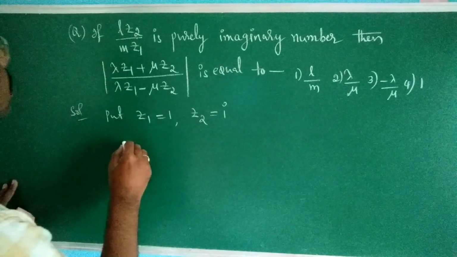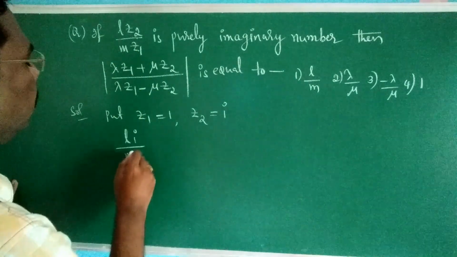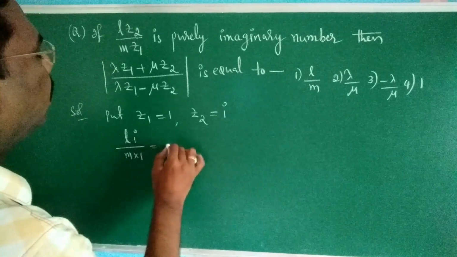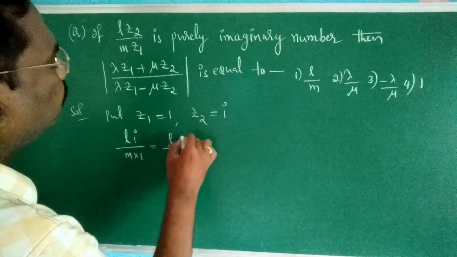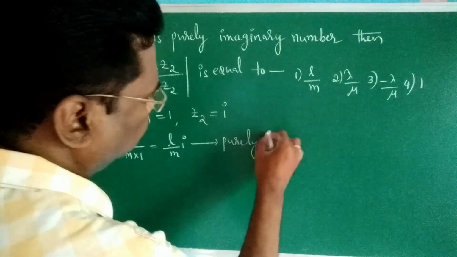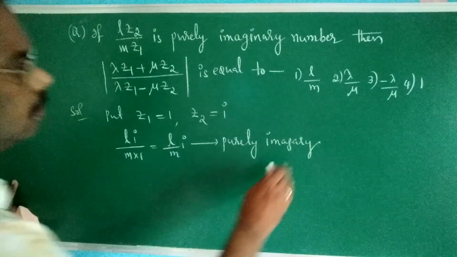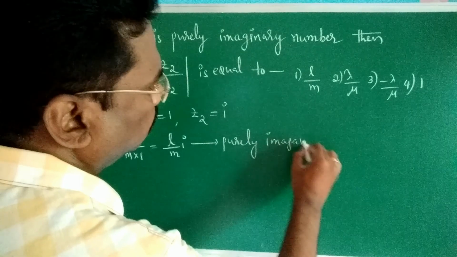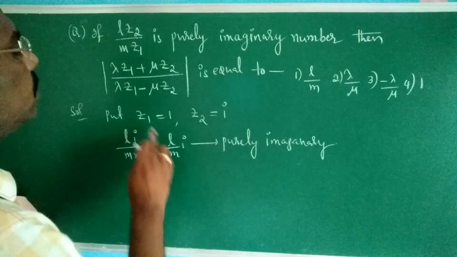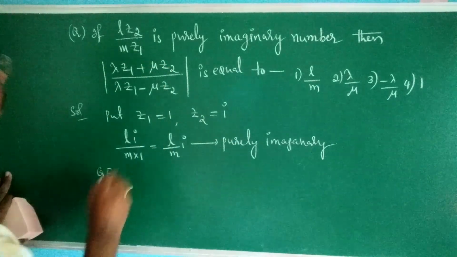Now lambda Z2 by mu Z1 is lambda i by mu into 1, that is lambda by mu times i. This one is purely imaginary.